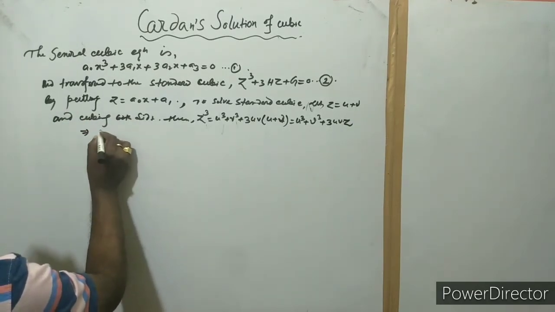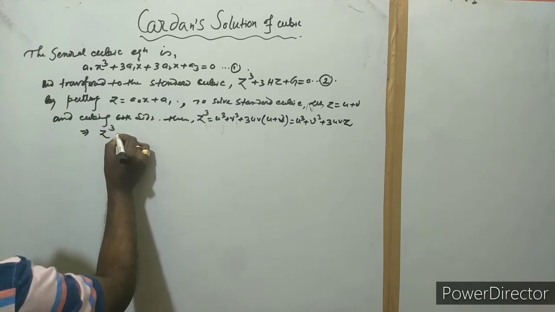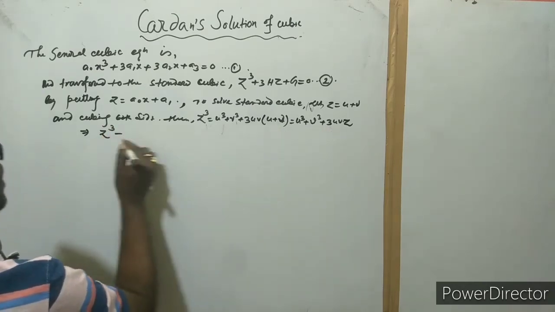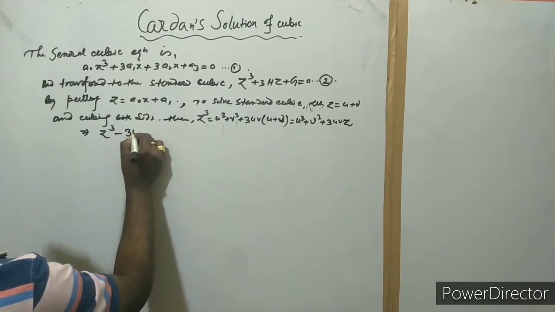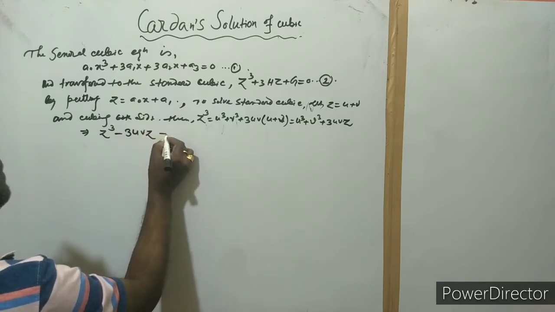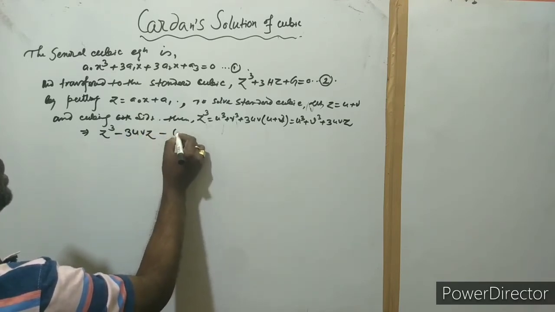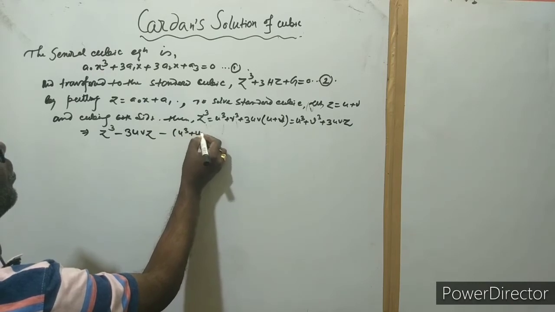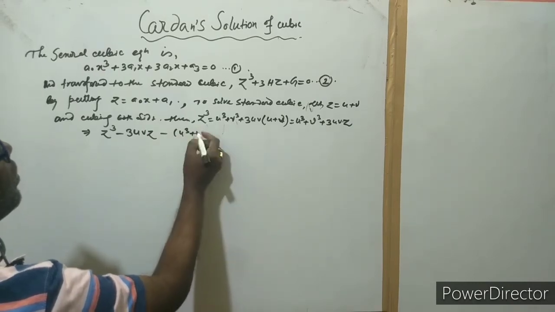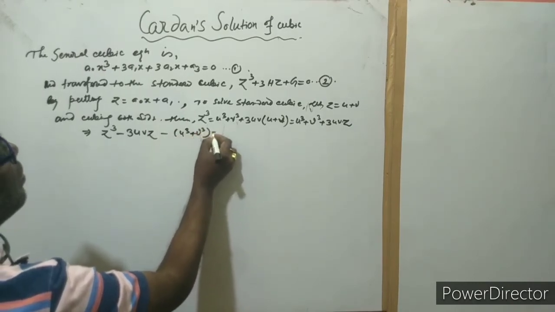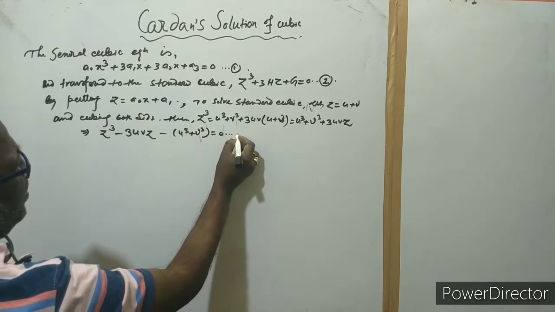Now this is also a standard cubic, and transferring this part to the left hand side, z cube minus 3uvz minus (u cube plus v cube) equal to 0. This is 3.